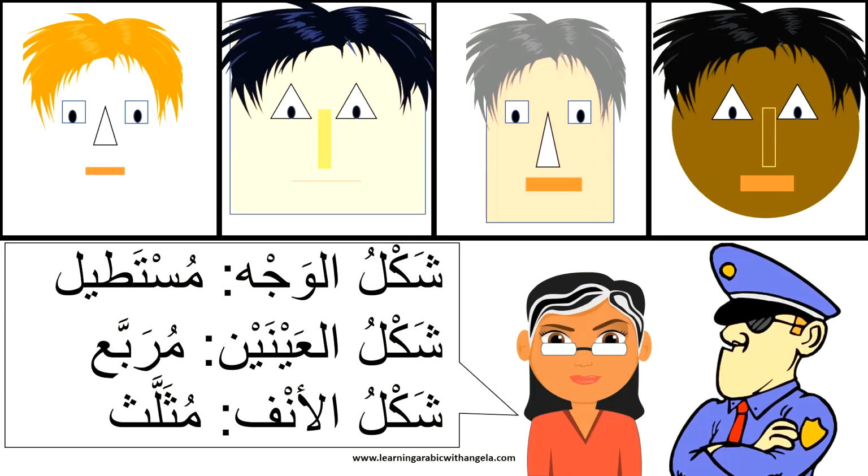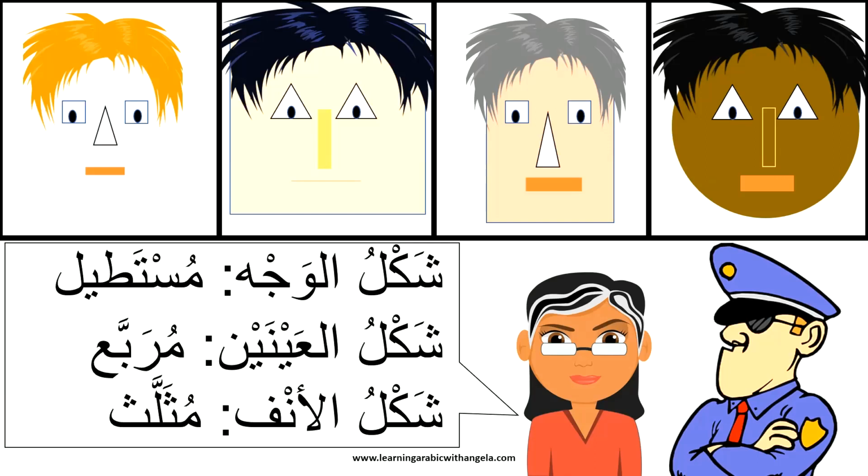Next one. شكل الوجه مستطيل. So we're looking at something that's long, مستطيل, like طويل or like طاولة. I'm giving you tips to try and remember. That would be a rectangle. شكل العينين مربع.